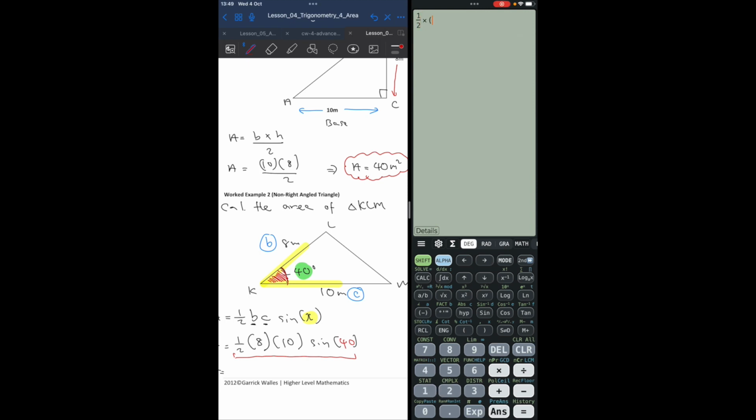I'm then going to put in the 8 in its own bracket, then the 10, and then sine, and then it's the sine of 40 degrees, close your bracket, equals, and you get your answer of 25.71. So the area of this triangle is going to be 25.71 meters squared, and that's your answer.